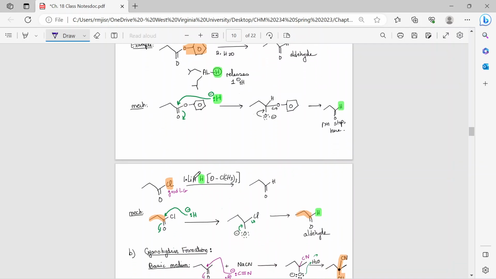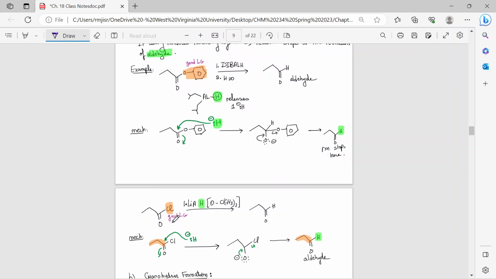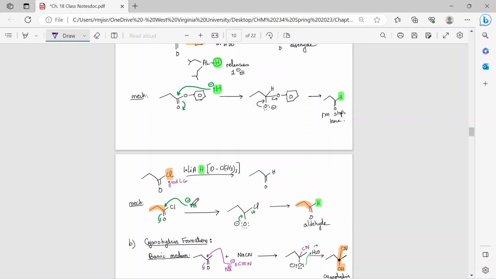Same thing if you're using lithium aluminum tri-tertiary butoxy hydride. So you're just going to use one hydride over there. This is going to attack. These two reactions only work with esters and acid chlorides, so pay attention to that. In there, the hydrogen is going to attack, form a negative charge, it closes, and the chlorine is going to leave.